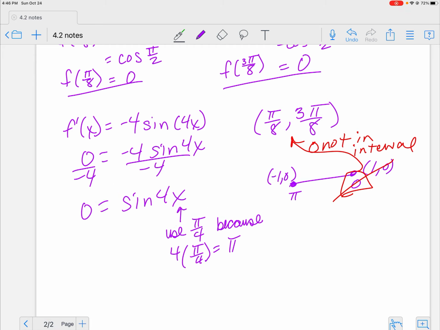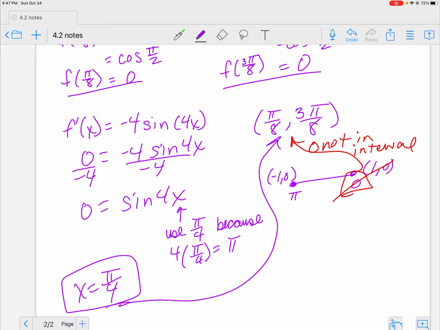What value of x is going to work for that? Pi over 4. Because whenever I plug in pi over 4, those 4's cancel, and I'm just finding the sine of pi, which we know to be 0. So x in this instance is pi over 4, and guess what? Pi over 4 is in my interval, so we're good to go.